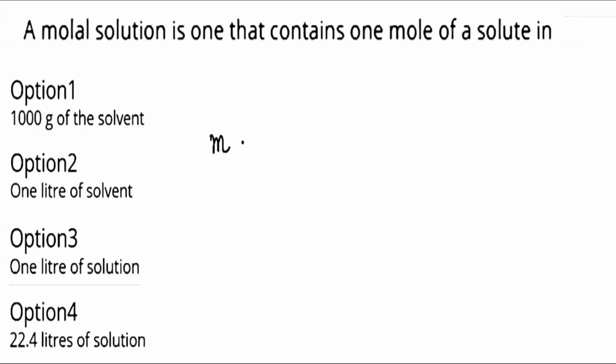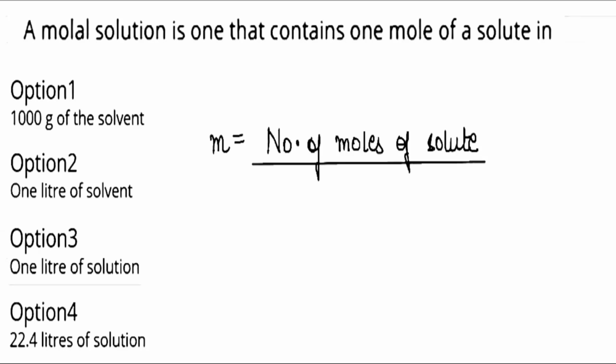Molality is defined as the number of moles of solute per kg of solvent, and it is expressed as m equals number of moles of solute divided by the mass of solvent in kgs.